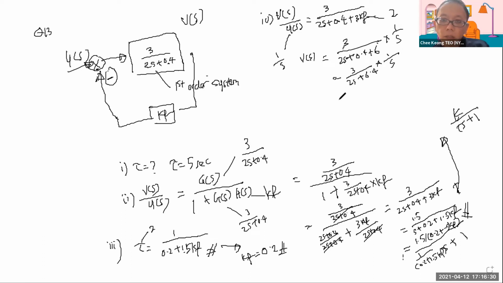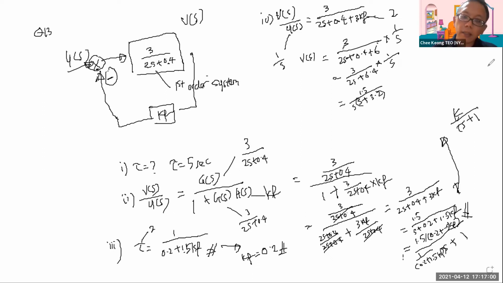If you divide throughout by 2, as in the earlier case, you have 1.5 on top, and s plus 3.2, and then of course you multiply by your 1 over s, so you get 1.5 over s times s plus 3.2.